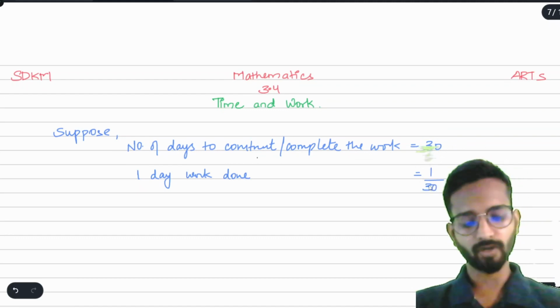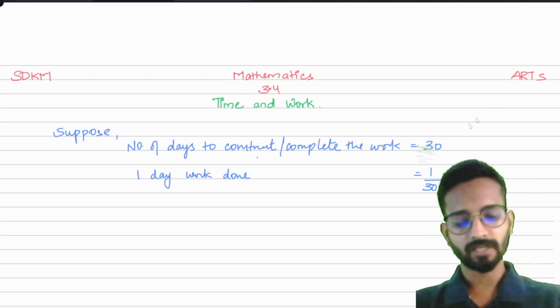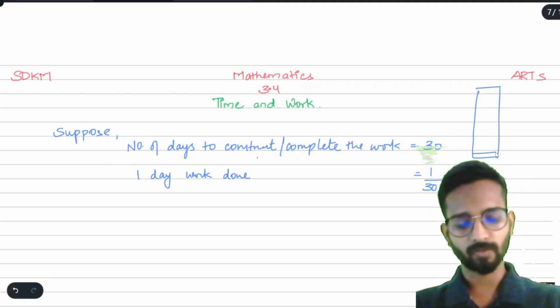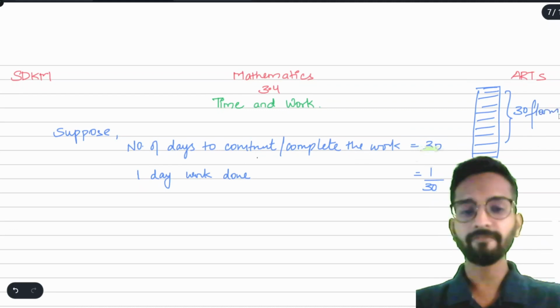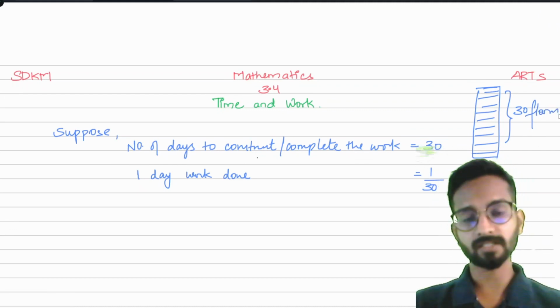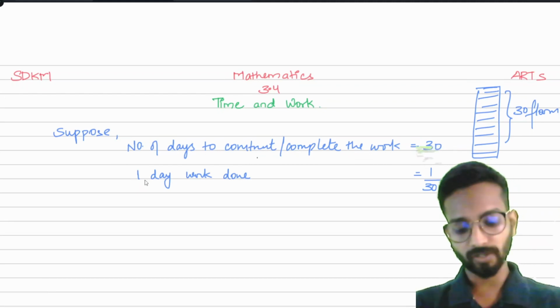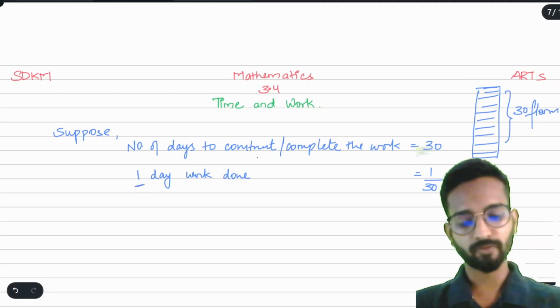Very simple. You can also think like this, that suppose in 30 days we construct a building of 30 floors. 1, 2, 3, 4, 5, 6, 7, 8, 9, 10, like this. Totally 30 floors are there. So if we are taking 30 days to construct a building of 30 floors, in one day how many floors will be constructed? One floor. Simple.